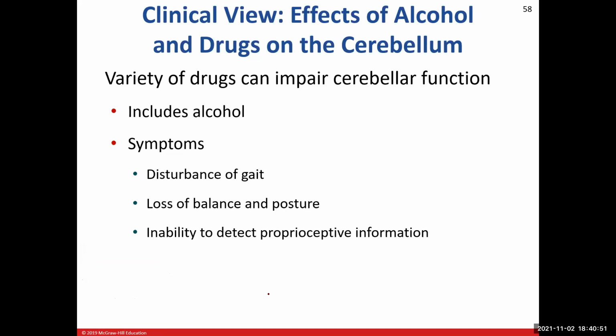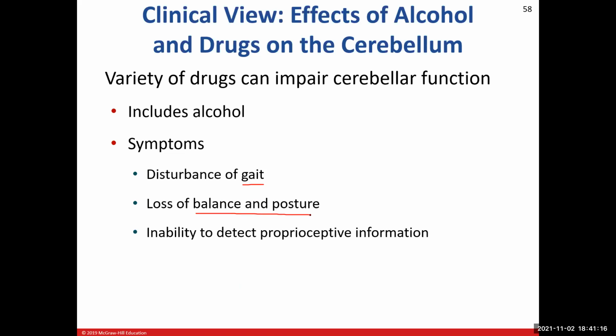They'll ask the patient to walk toe to toe along this line here. They'll ask them to stand and try to balance themselves. So when there is something wrong with the cerebellum because of the ingestion of too much alcohol or certain drugs, you can have problems with walking. You might have an inability to maintain balance and posture.